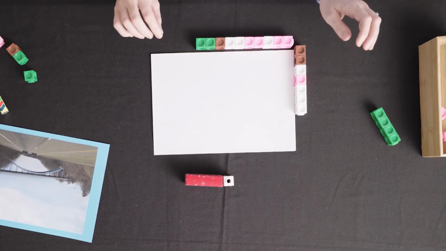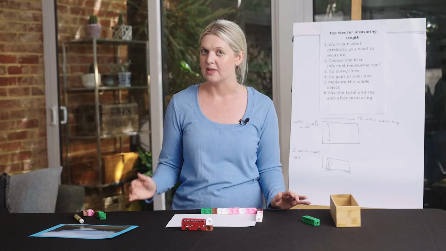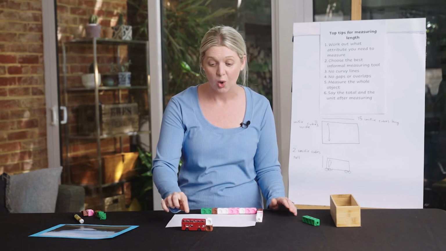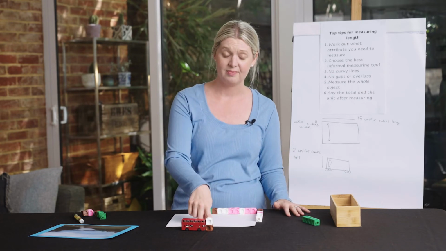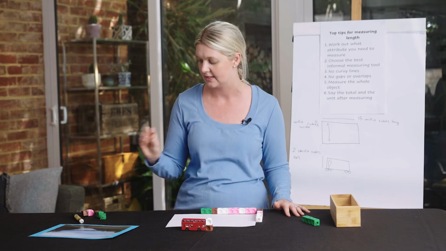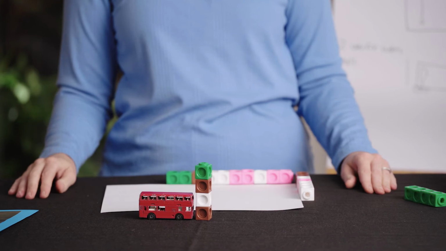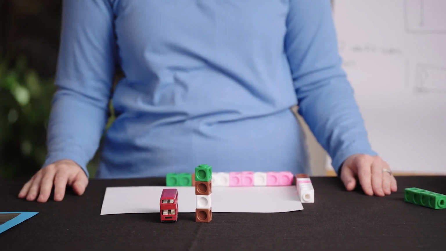Okay, now the cars need to be able to drive under. So my bridge needs to be taller than this bus. So we're not going to take Unifix cubes off, we're going to add some to give it more height. I'm going to add another 2. So my bridge will be tall enough for it to fit under.